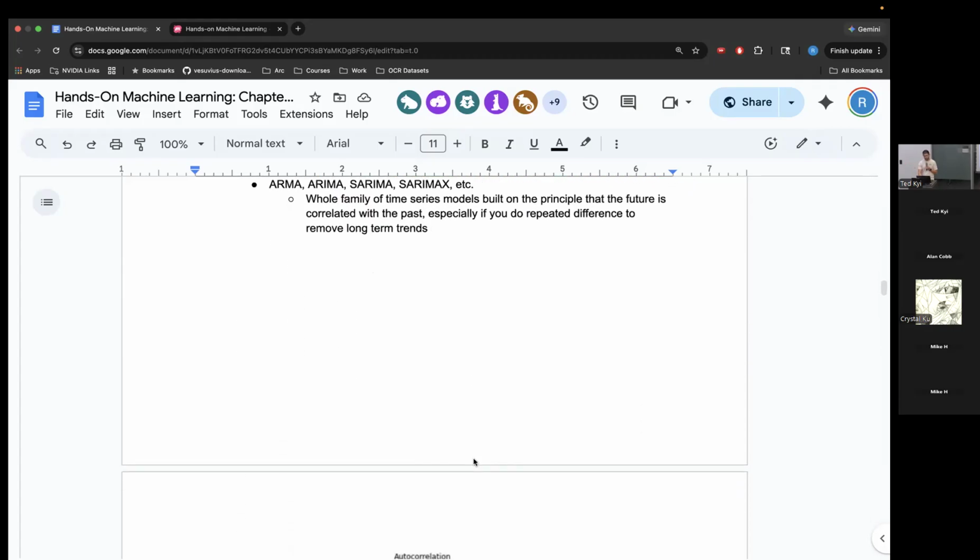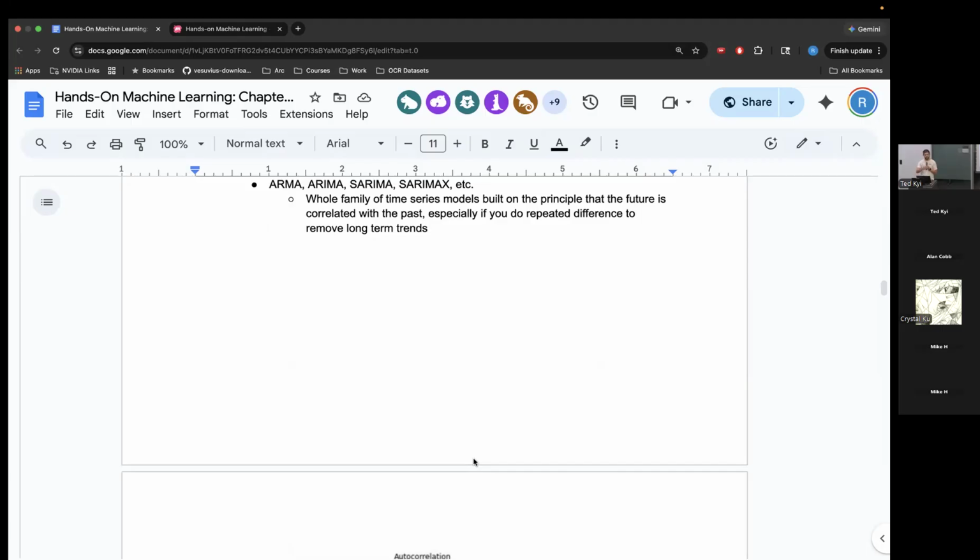So time series stuff, one of the most popular models is this ARIMA. There's all these different variations on top of this. And the whole idea behind it is basically that we expect the future to be correlated with the past in certain ways. So if you're looking back an hour, that probably informs what's going to happen in the future.